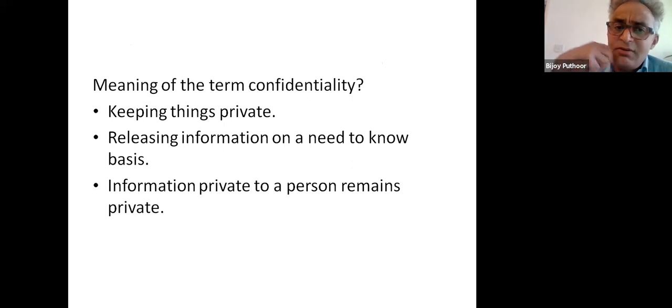What is confidentiality? Confidentiality means keeping things in private. Any information that you receive as part of your work will only be used for the purpose for which it is given to you. For example, if you are given information about the person's mental health to support the person with their emotional needs, then that information has to be used to support the person with their emotional needs.